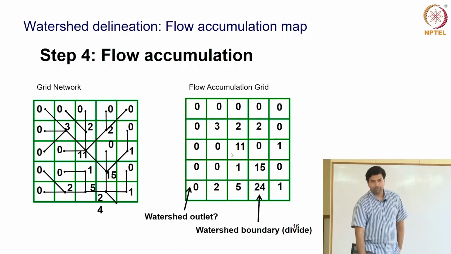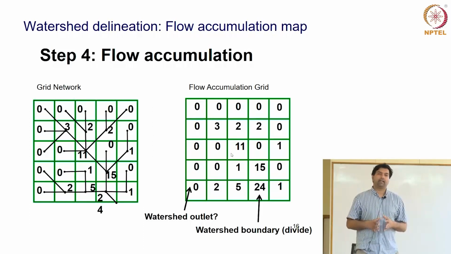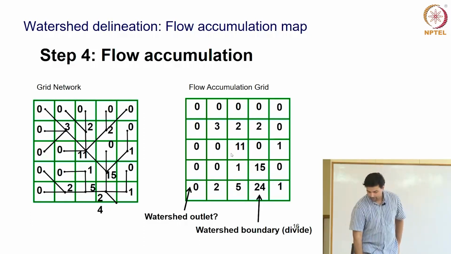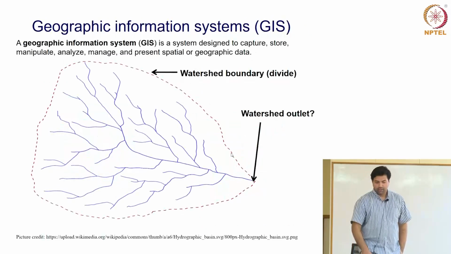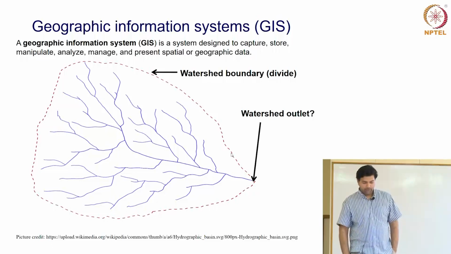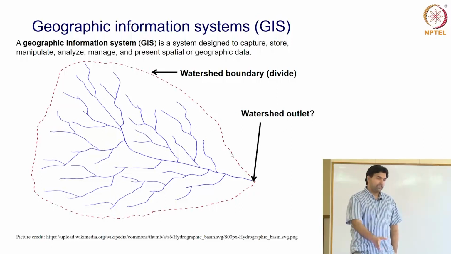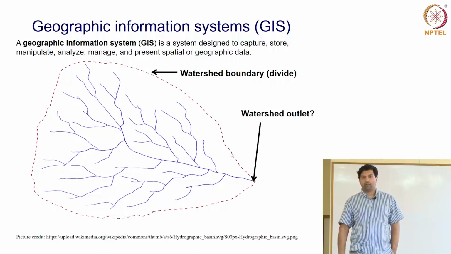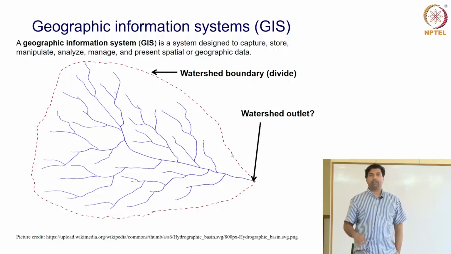If your flow accumulation threshold is about 100, you only track streams that are reasonably sized, so 100 cells have to drain into that cell to form a particular stream. Here some thresholds have been chosen, and you start seeing how your river network can be formed based on your digital elevation map.